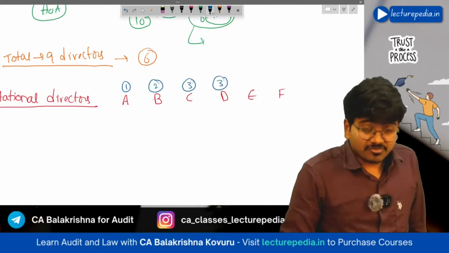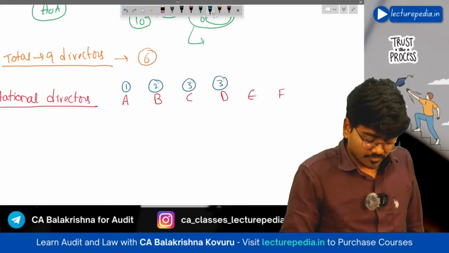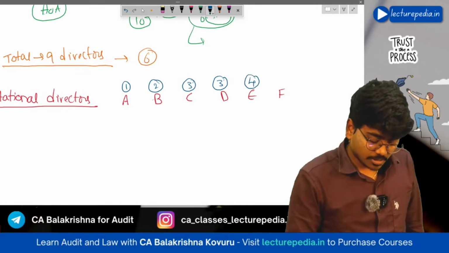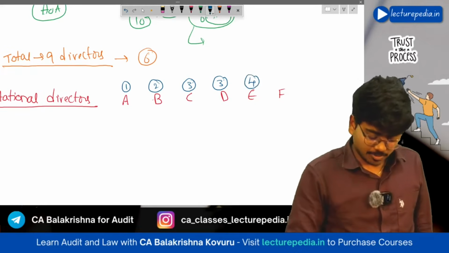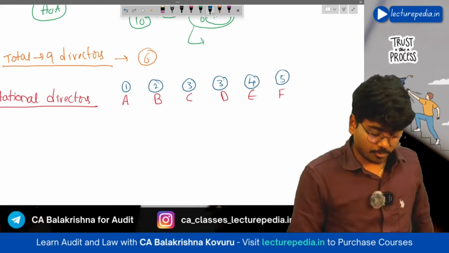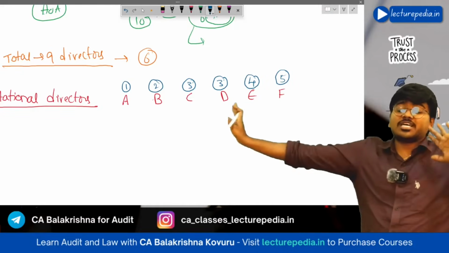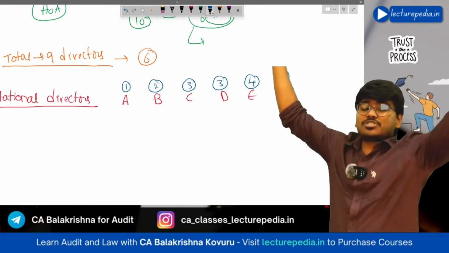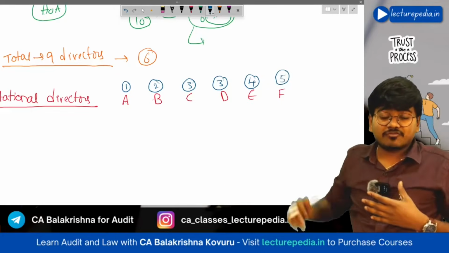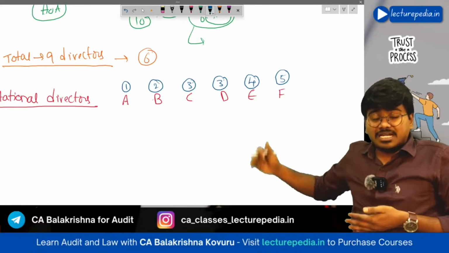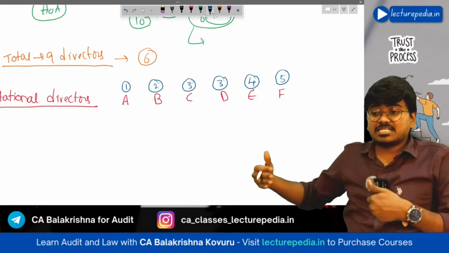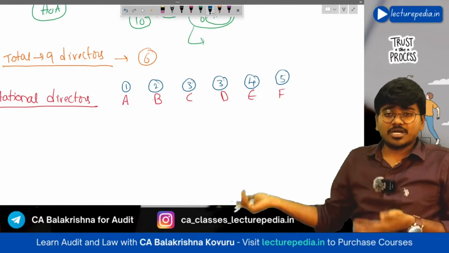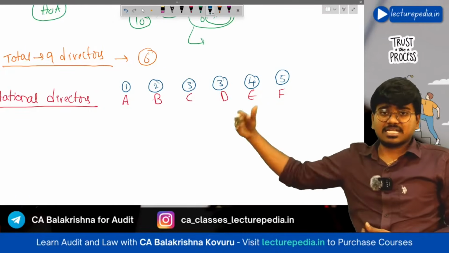After C and D, after some 2 months or some time, E has been appointed. After E, F has been appointed. So this is the order of their appointment. Here A is the senior most director because he has been appointed first. After A, next senior is B, next C and D because they are appointed at the same time, next E, next F.